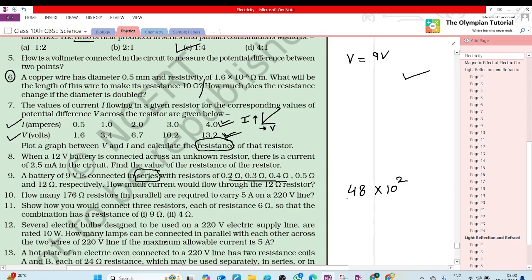So Tanya, here 48 into 10 to the power 2. What is the standard form? That the decimal should be after one digit. We have done this in the mathematics 8th standard exponent chapter. To put the decimal there, it should be divided by 10. If we are dividing by any number, it should be multiplied by the same number. So it will become 4.8 into 10 to the power 3. Getting? Yes, ma'am.